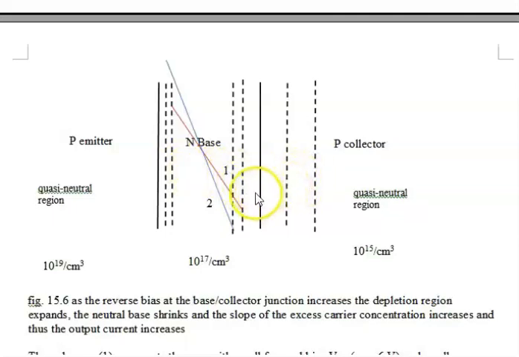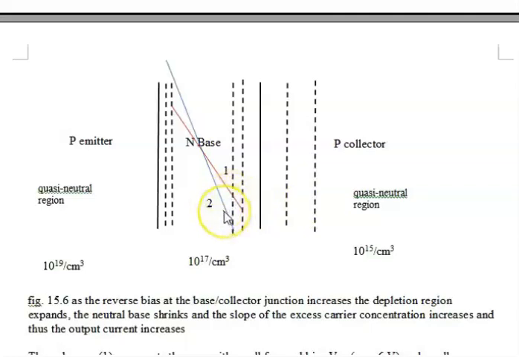So what happens when we increase the reverse bias is that the depletion region expands. But the expansion is going to be mostly in the collector region. So this is with small reverse bias. This line represents large reverse bias. But there's going to be a little bit of expansion also into the base.